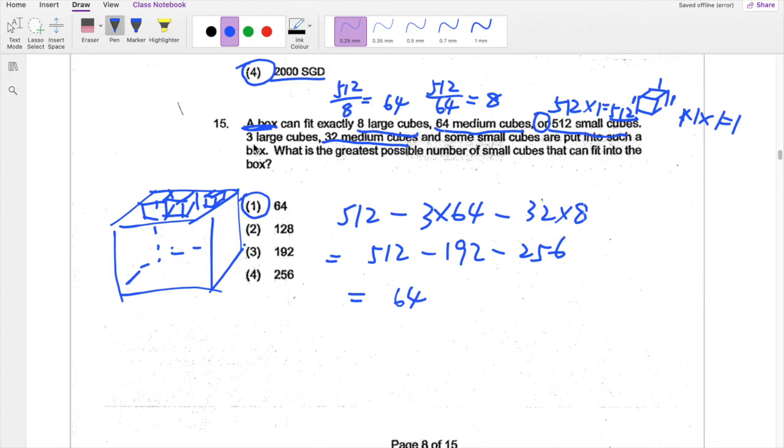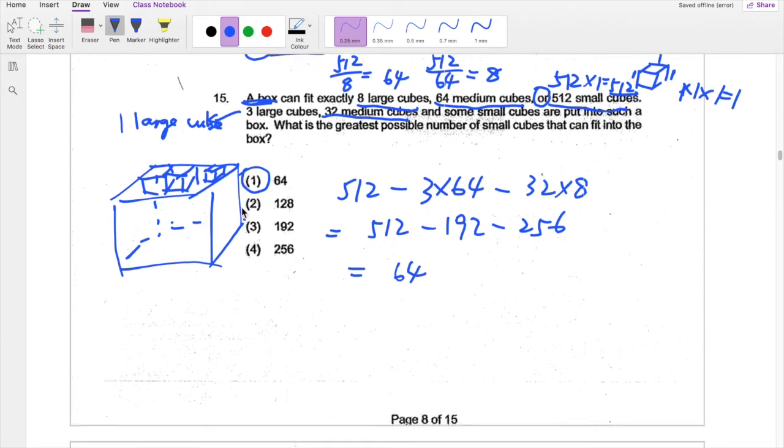So he already used 3 large cubes. What is left is only 1 large cube. So we know that 1 large cube has a volume of 64. So when you use small cubes, you can have 64 small cubes. So it gives the answer.